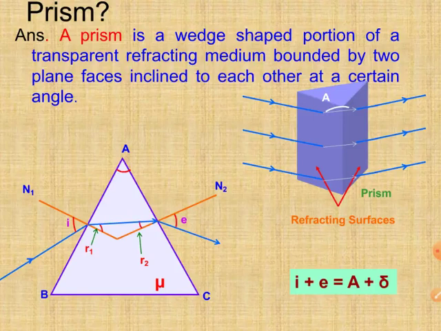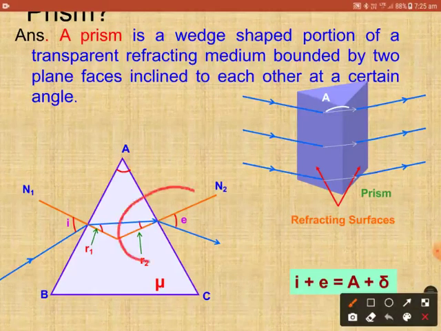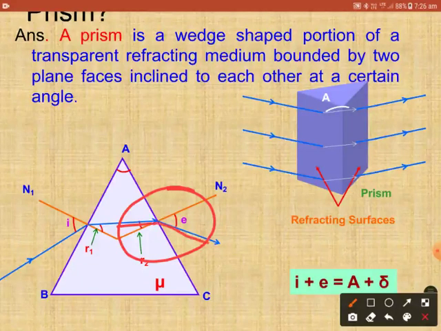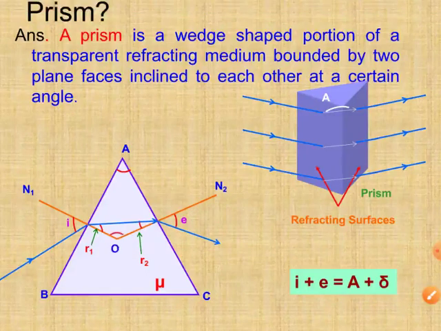For this, your R2 will be the angle of incidence, and your angle E, the angle of emergence, will now be taken as the angle of refraction. I'm talking about refraction from the prism to air. If this is the normal, this will be taken as the incident ray and this will be taken as the refracted ray. Got it?